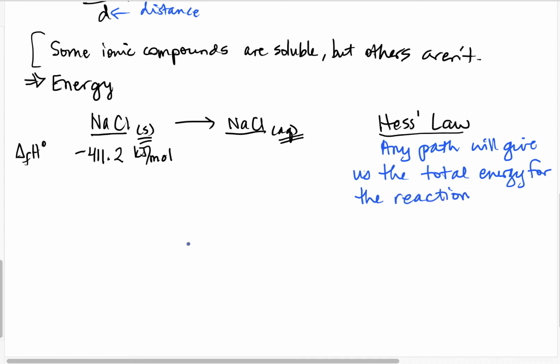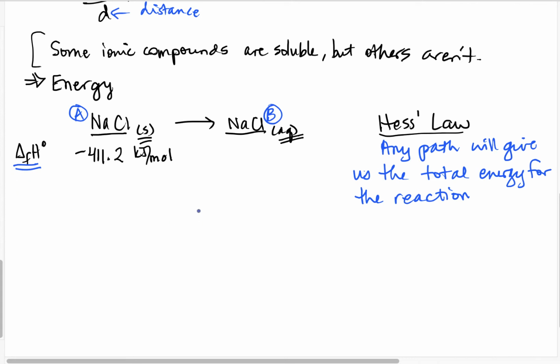So we can take any path to get from point A to point B. In the past, we've used our formation enthalpies as that specific path.